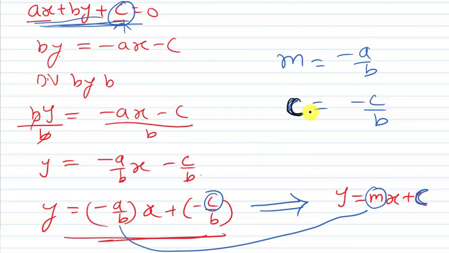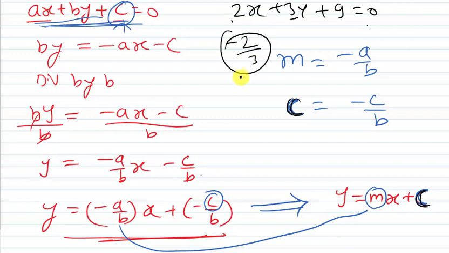Okay, so just remember this, how to find the slope of the line. Or in one shot, for example, if 2x plus 3y plus 9 is given and I want to find the slope of the line, what I will do? I know I have to shift this to the right hand side. It will be minus 2 and divide by 3. This will be my slope.